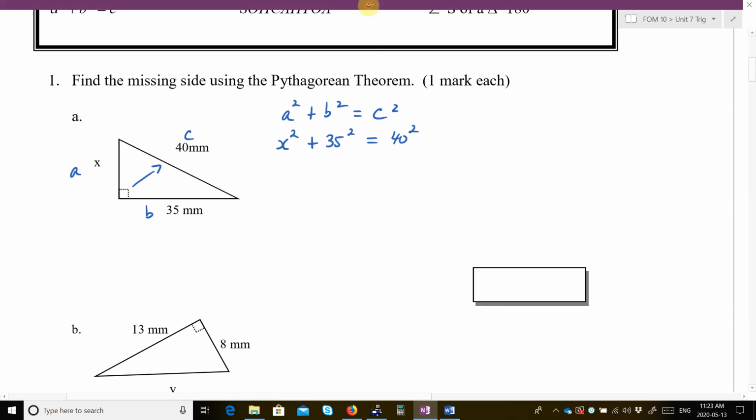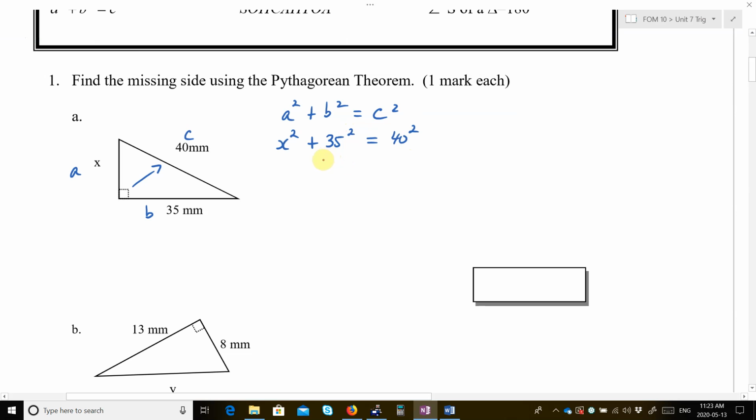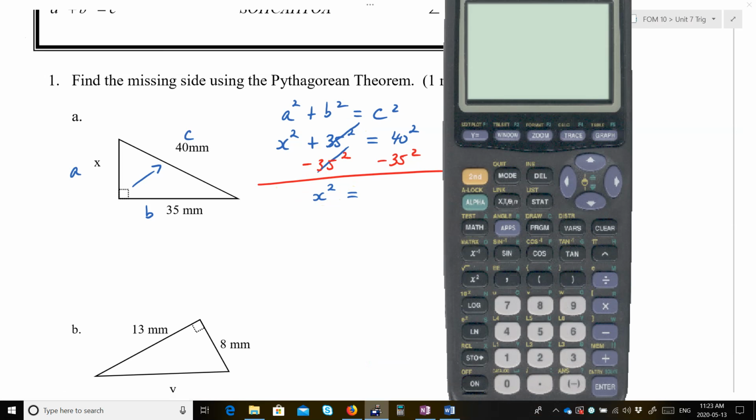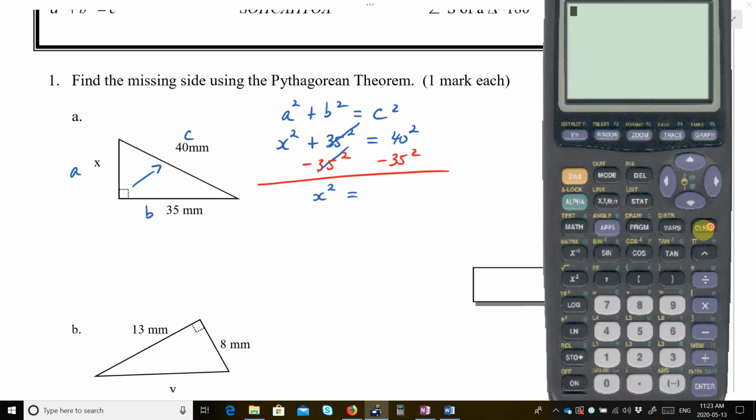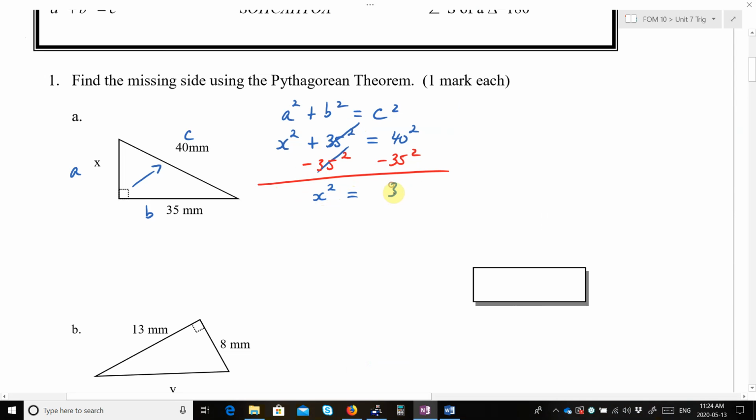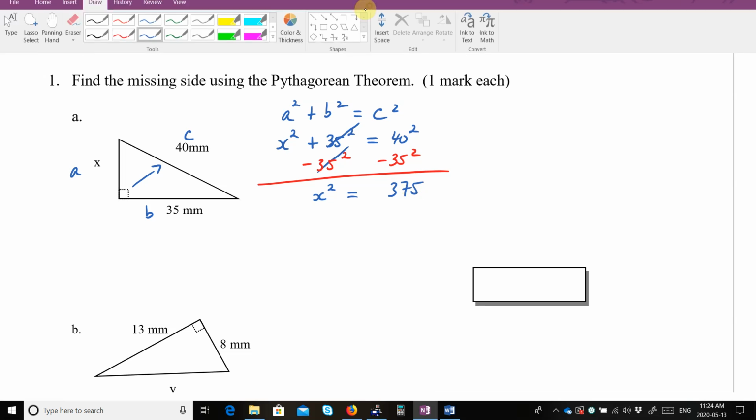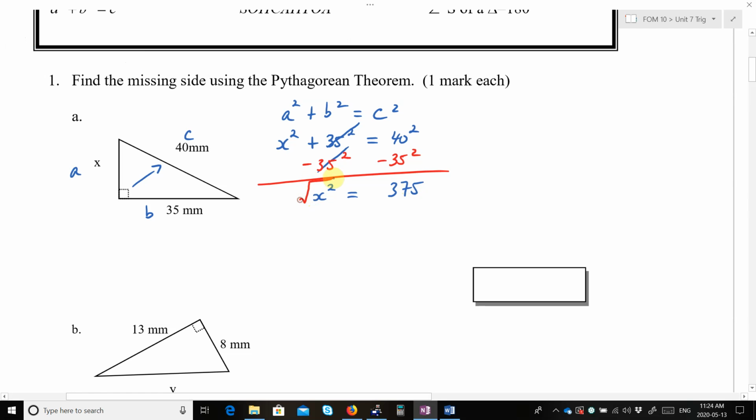Okay, so now we have to solve for x. It's being squared, and then we're adding 35 squared, so I'm going to subtract 35 squared from both sides. And we will get x squared equals 40 squared take away 35 squared, which gives 375. Square root both sides with a plus or minus in front.